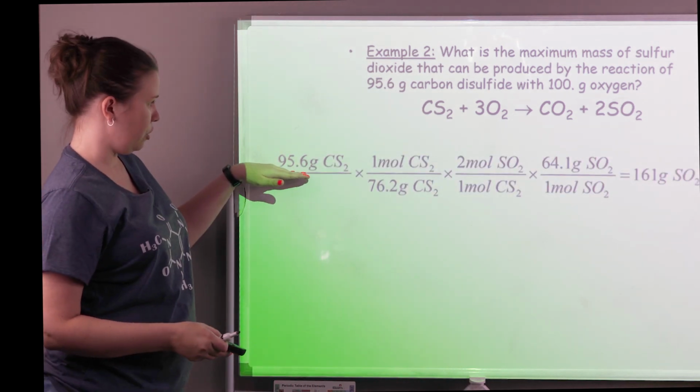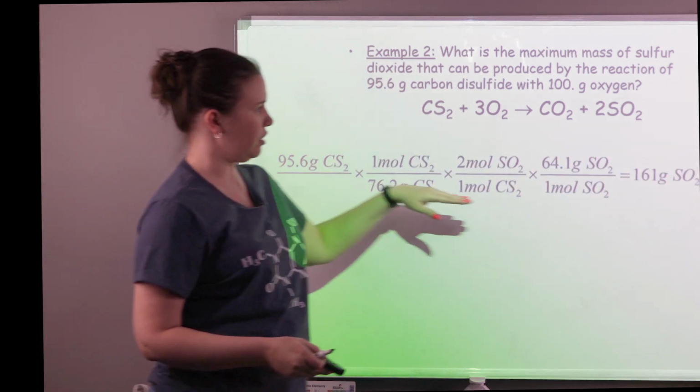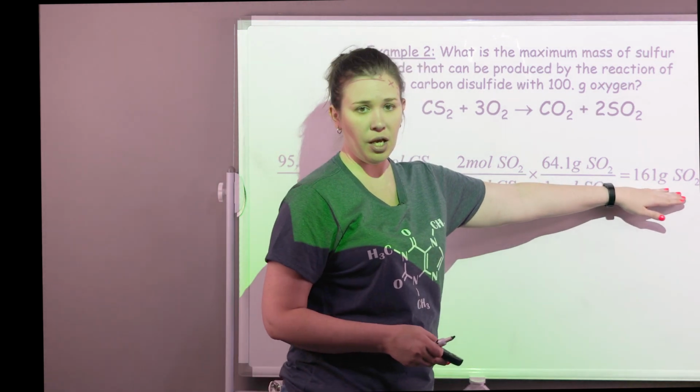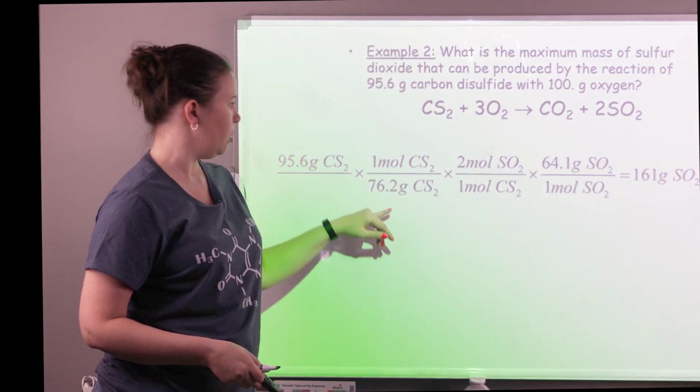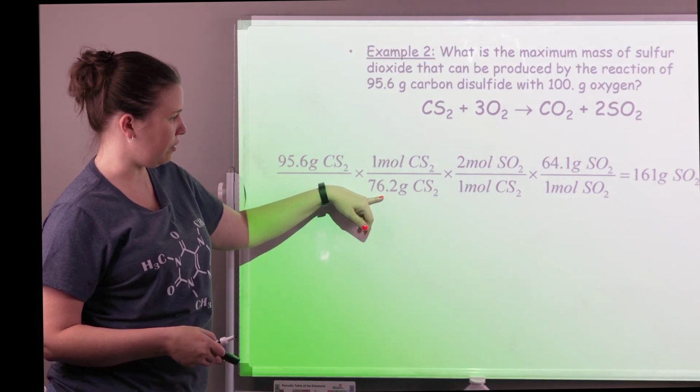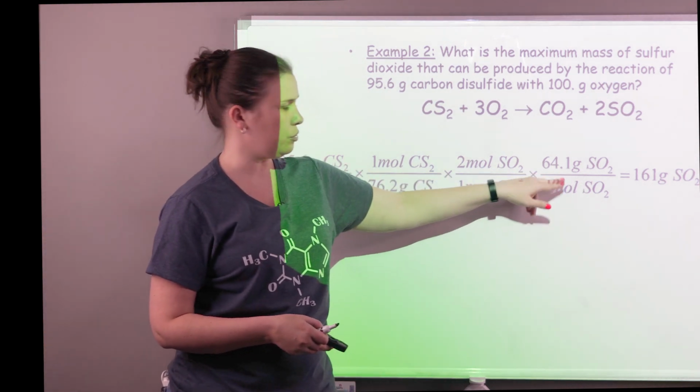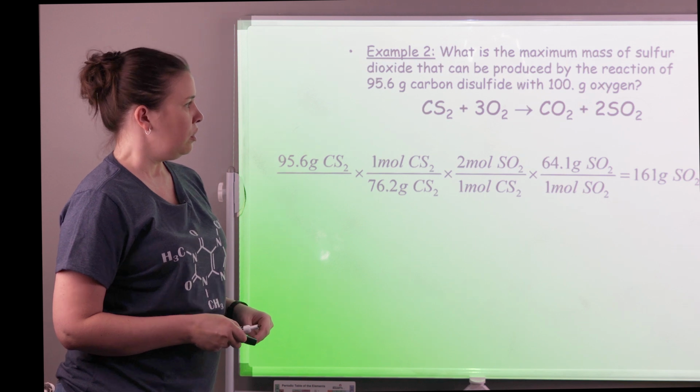So far, starting with our carbon disulfide, if I convert this to grams of SO2, I get 161 grams. The molar mass of CS2 turned out to be 76.2, and for the SO2, 64.1 grams.